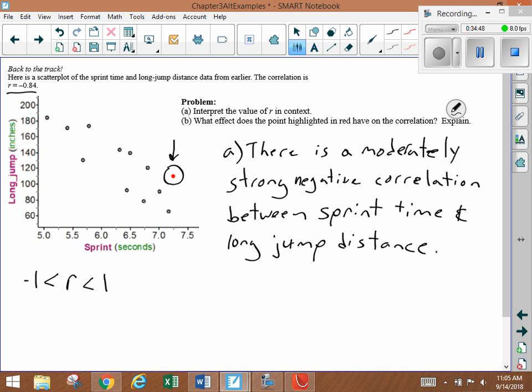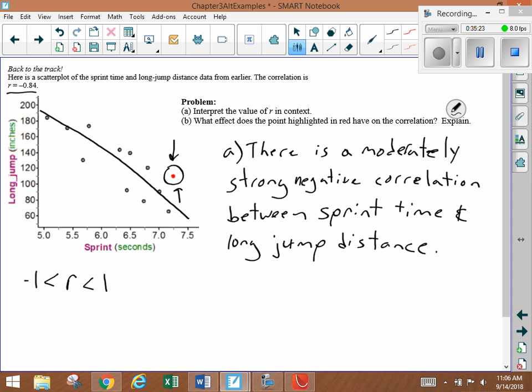So this point is not extreme, but it's not fitting the pattern. It's out here. It's a little more positive, okay? So imagine if you had a least squares regression line like that, right? This point is pushing it up, changing the slope.